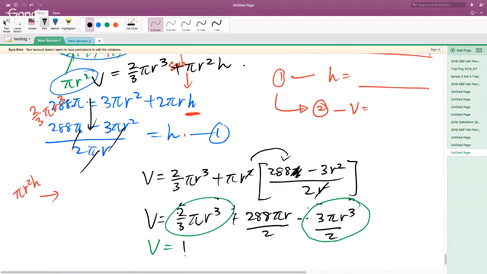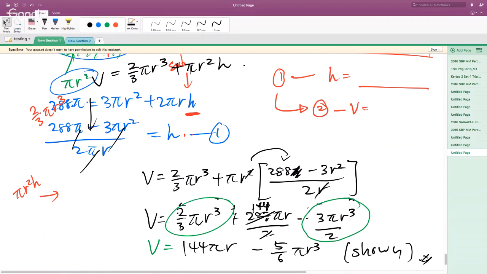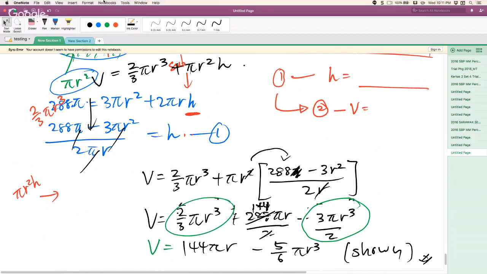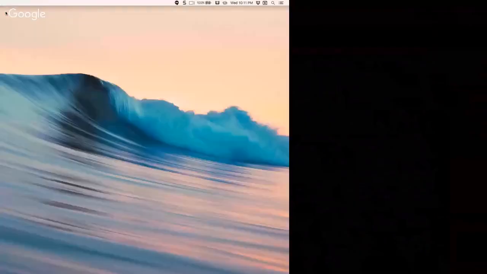Therefore, here is 144 pi, because I simplify, I get 144. So it's 144 pi R minus 5 over 6 pi R cubed. Then I will say shown. Yeah, this is considered a very, very tough question in this part. But you always need to know how to form the equation. And since it's hanging already, I will just restart this one.